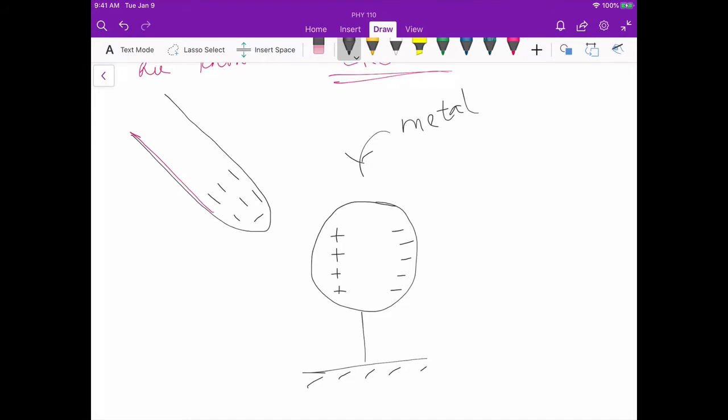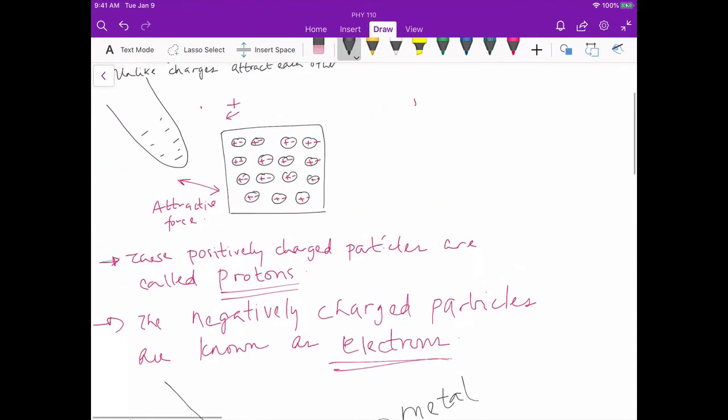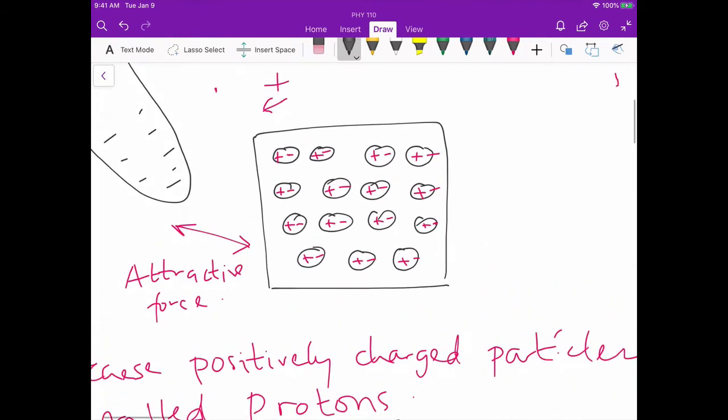In a neutral object, within the atom, you have an equal number of positives and negatives. But unlike the insulator in the previous example, where electrons are not really free to move around and don't just go and populate this side, they mostly form what we call a dipole.